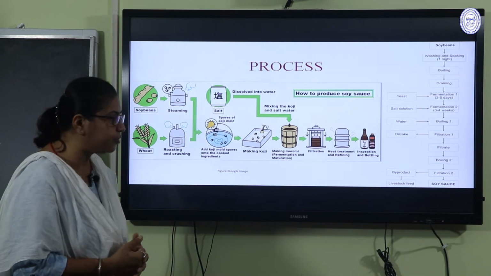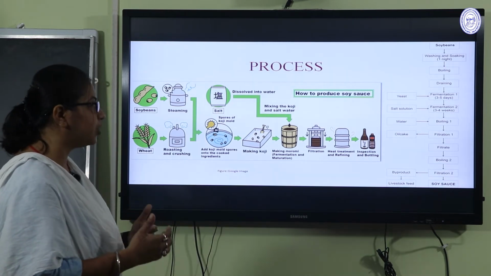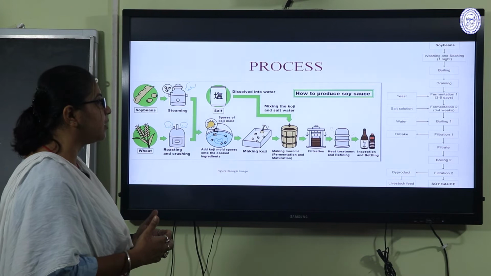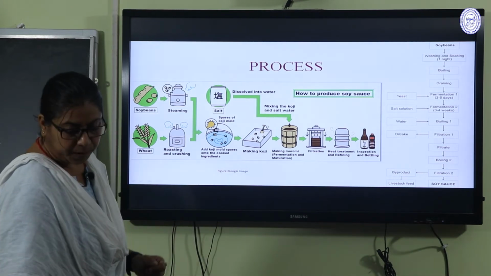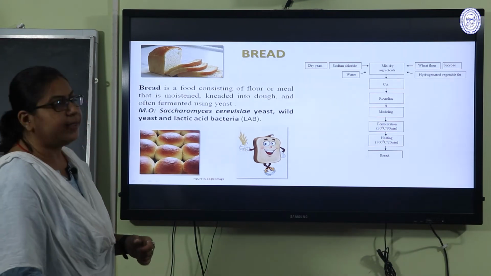So we are getting the filtrate. The filtrate is boiled for concentration, and the filtration byproduct is livestock feed, and the filtration product is the soy sauce.